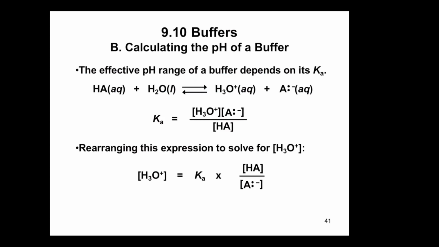Okay? So we will multiply the K sub A by the concentration of the acid over the concentration of the conjugate base. Ito ay hydronium ion concentration pala.